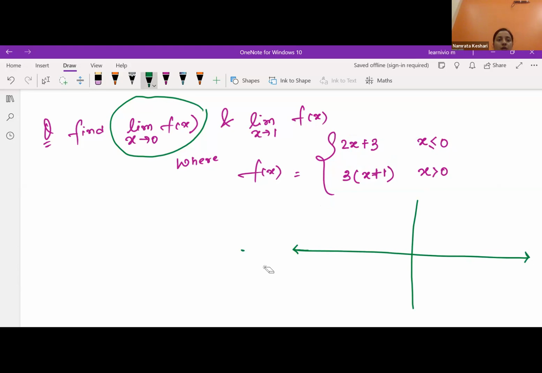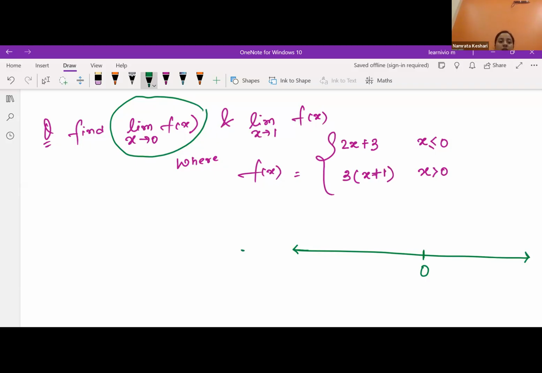Okay. So here, Miraj, we need to think. We have to find limit x tends to 0. We will be checking. Limit means towards the left of 0, towards the right of 0. We have to check which value f of x is giving. If you are thinking why we were not doing the same in the previous question, then again I am repeating, in the previous question the function was not getting changed.